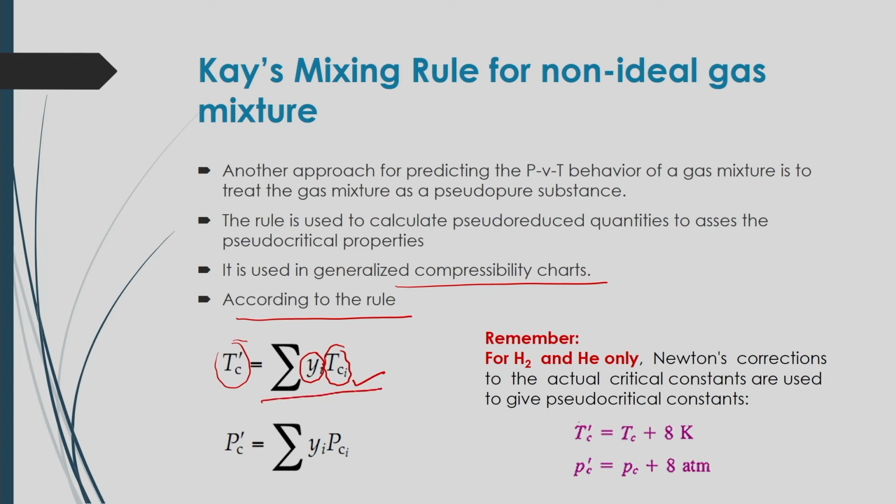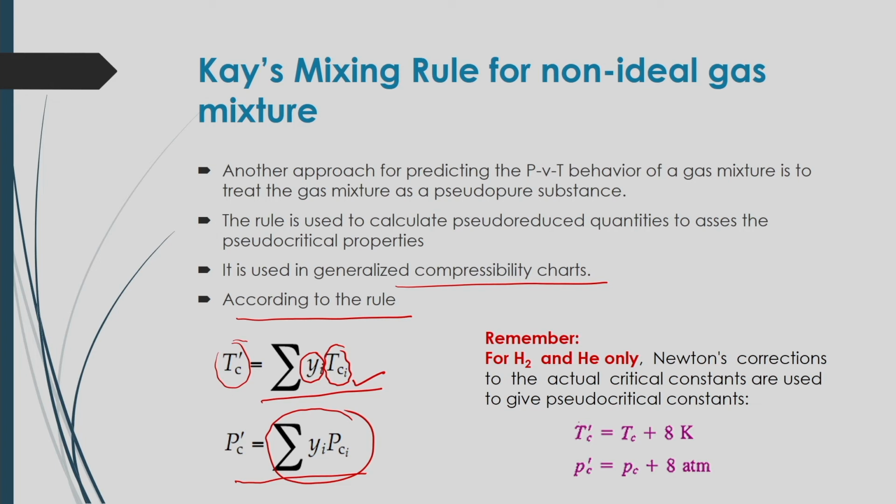So the summation of all these yi into Tci will give you the pseudo critical temperature of the mixture of gases, and similarly for the pseudo critical pressure, you have the summation of yi into Pci.